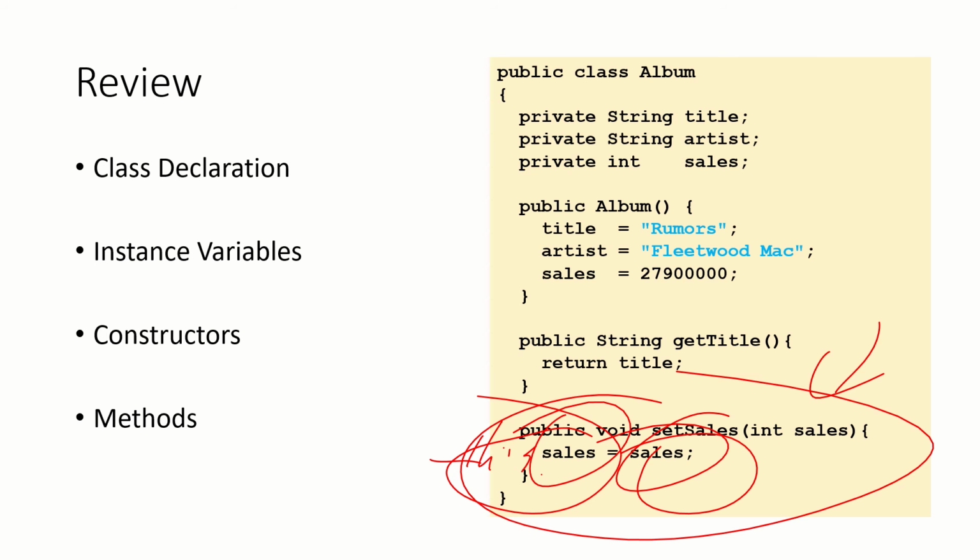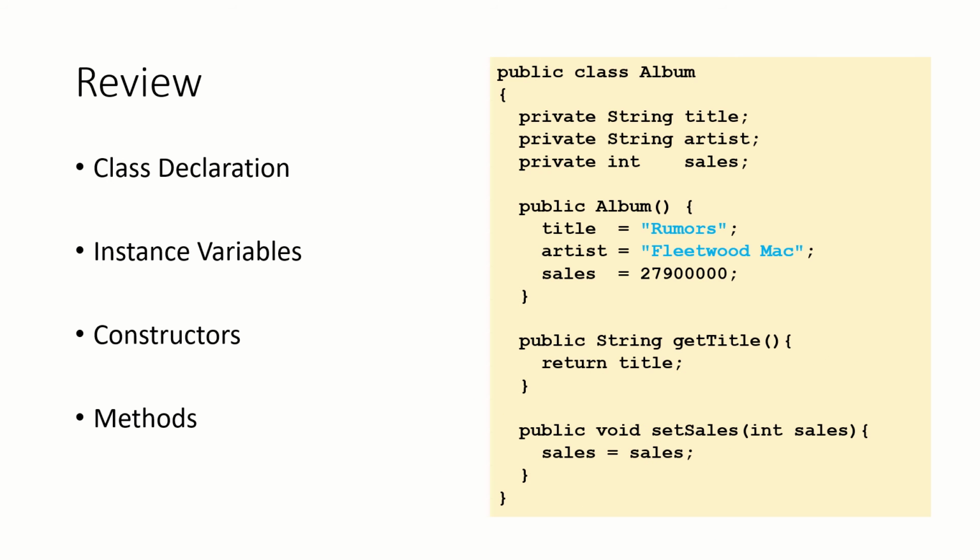Which basically was 20, and we want to reassign it to 10. So you need to understand what this means. Any question? Good.